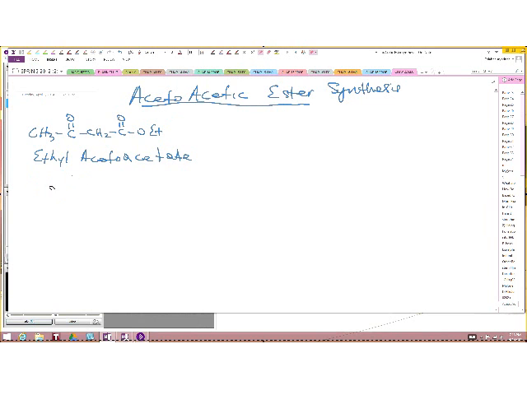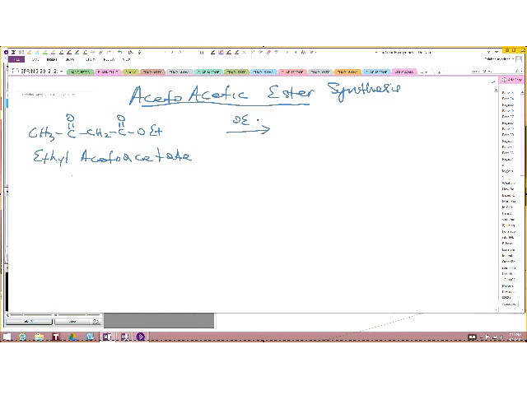Now, if we take that, we see that the acetoacetic ester synthesis and the malonic ester synthesis are very similar. The difference is, in the malonic ester synthesis, you get a carboxylic acid, but in the case of acetoacetic ester synthesis, you are going to get a ketone. So let us see.